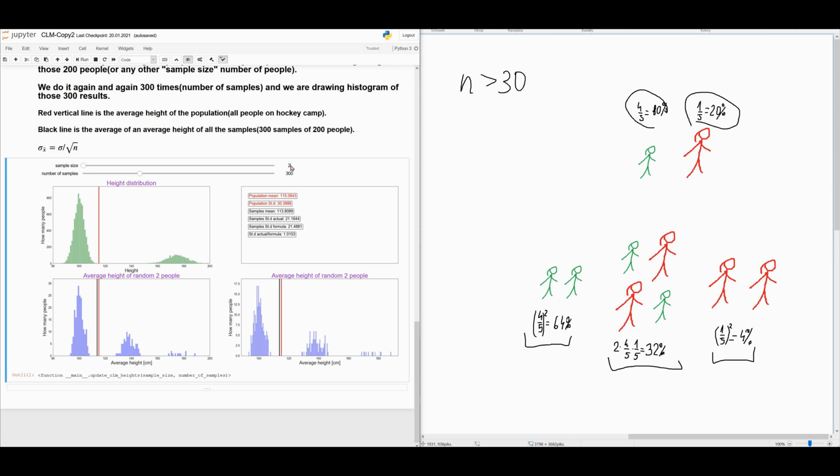So let's see what distribution we'll get with a sample size of 3. And we have 4 peaks: 3 teachers, 2 teachers and a kid, 2 kids and a teacher, 3 kids. We could do this calculation all over again. We would have 3 kids, kid and 2 teachers, teacher, kid, teacher. You have to remember that in a way, the order counts here.